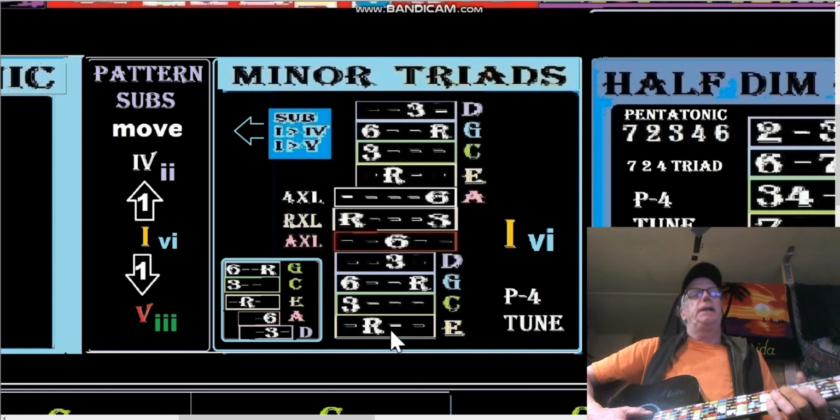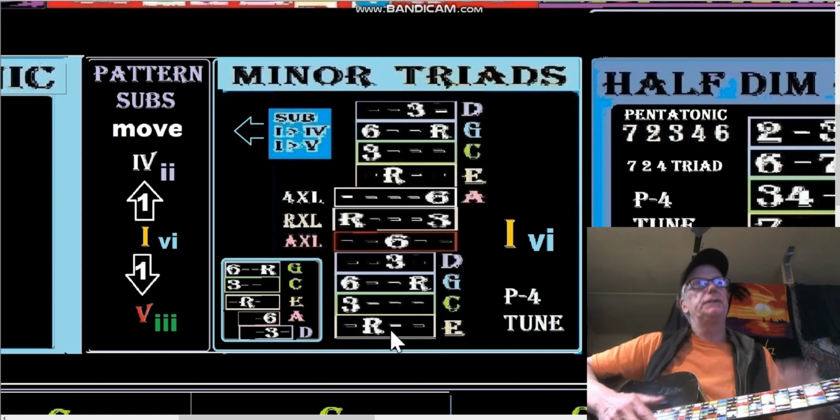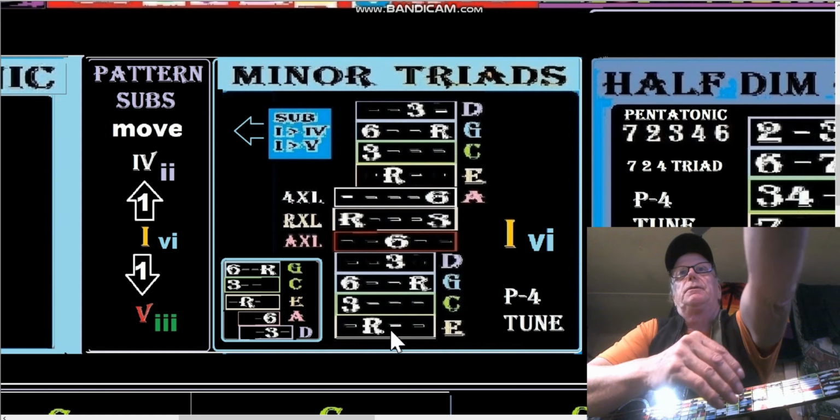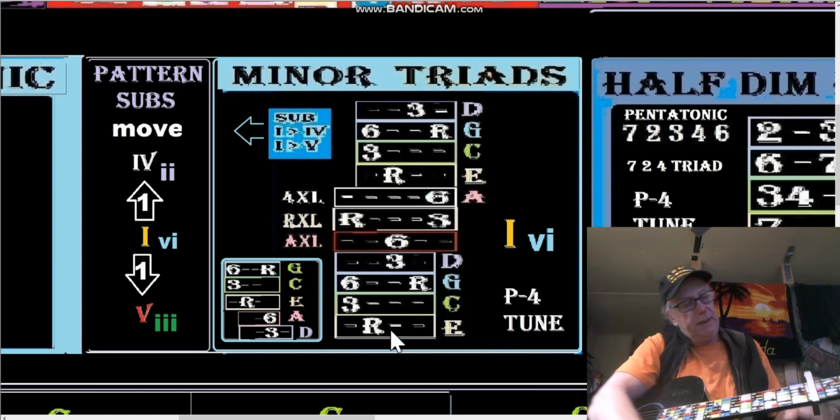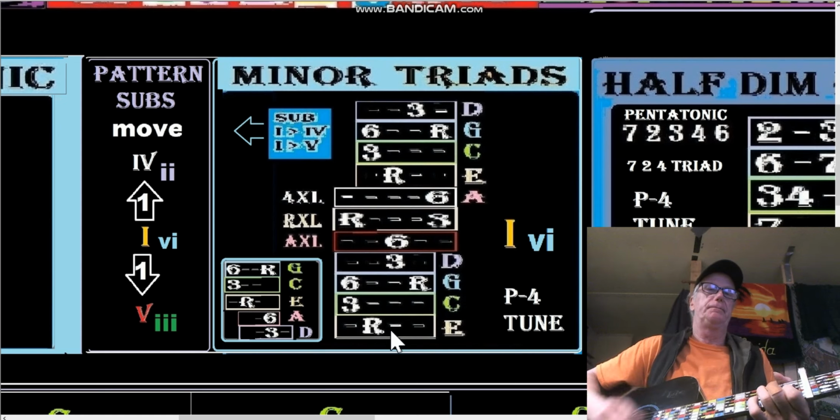So if we're playing in the key of C, let's get the capo, I guess. All right. So C, advance the CAGED word one letter, and we're going to get A minor shape.